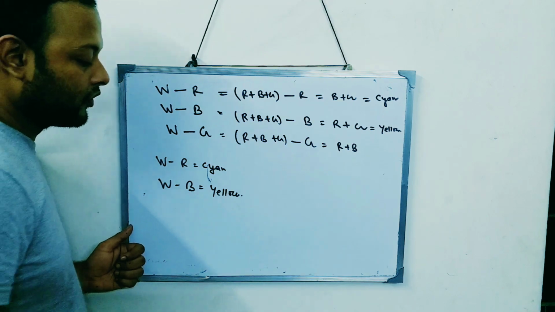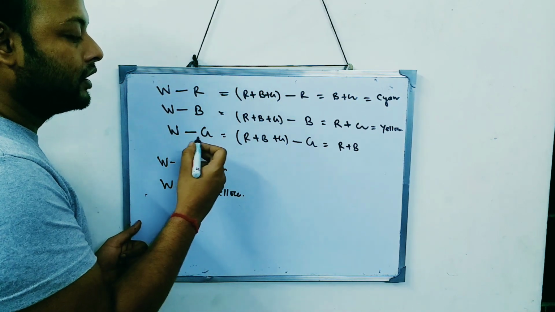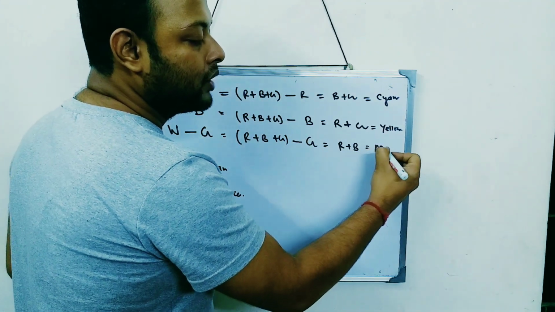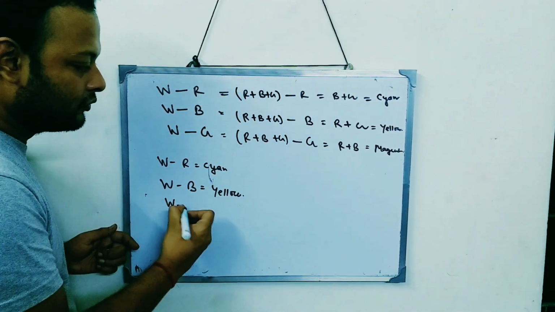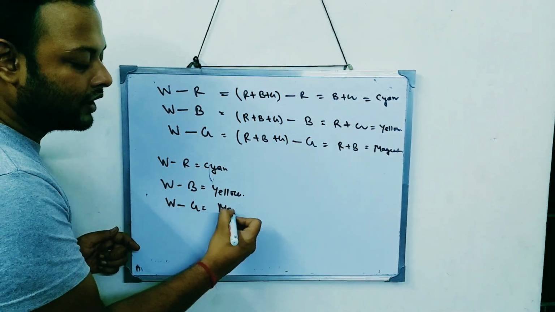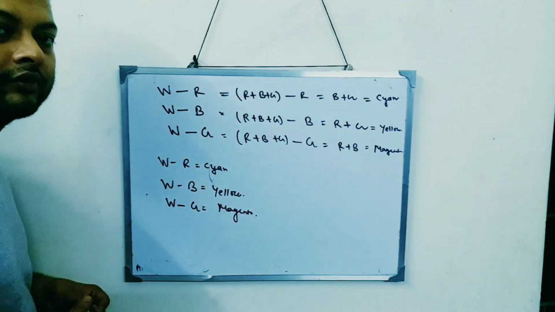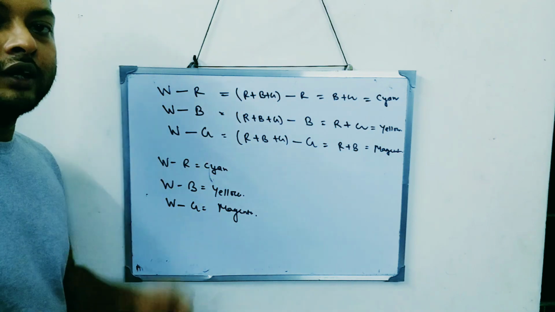And similarly, if you are subtracting green from white, what you are getting? Ultimately red and blue. And red and blue gives you magenta. So from white light, if you subtract the green light, you get magenta. Clear enough? So we have subtracted the primary colors from white light.